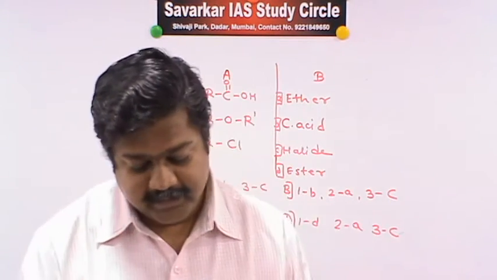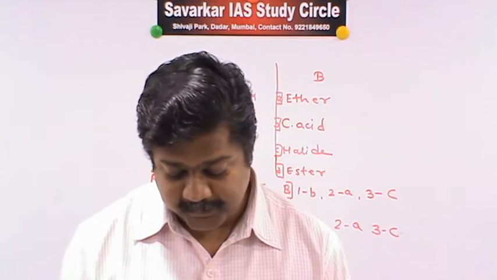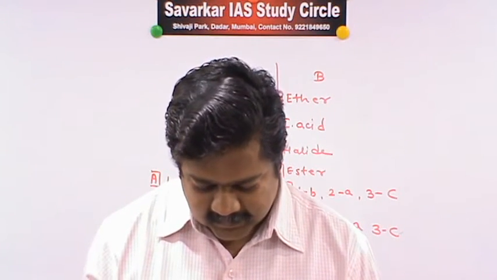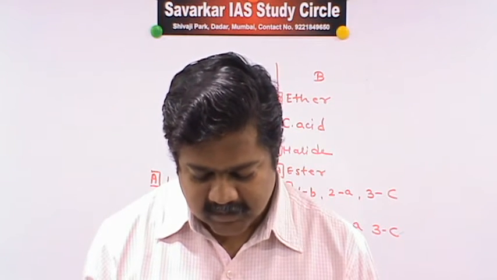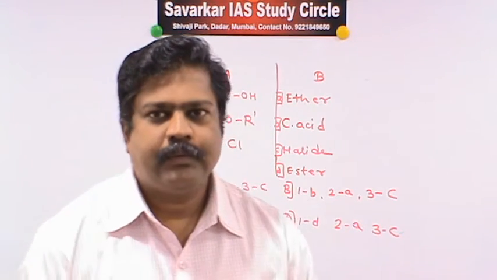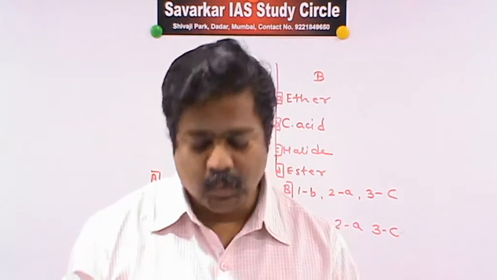We are now discussing the first CTFS, that is, consider the following statements. Keys are there in front of you. I am not discussing whether option A or B is right, I am just giving statements as true or false. The ability to form long chain compounds by carbon is called catenation power. This is true.